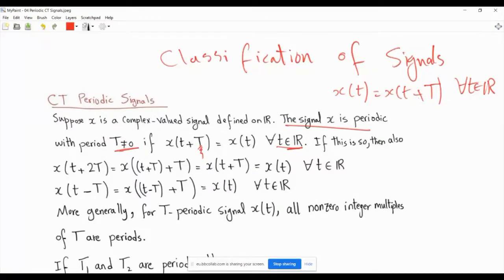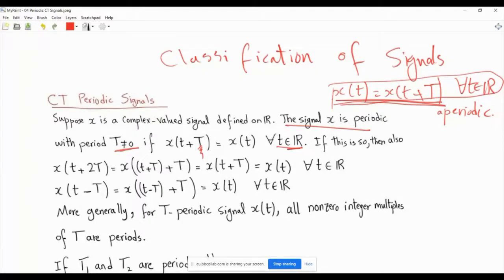So if you can find a big T that is not zero, such that this equality is satisfied for every small t, then we say that our signal is periodic. If this is violated at even one single value of small t, then we say that our signal is not periodic, or aperiodic. So an aperiodic signal is simply a signal that does not satisfy this.